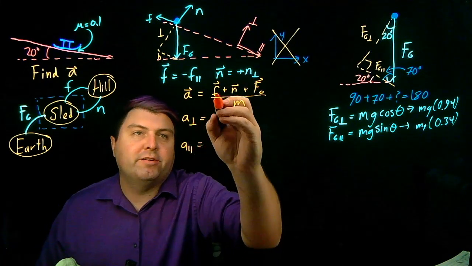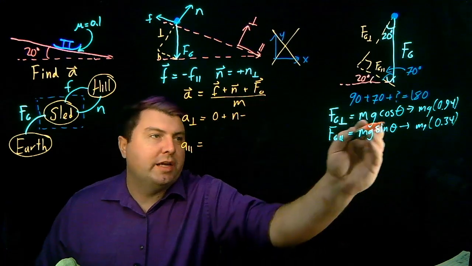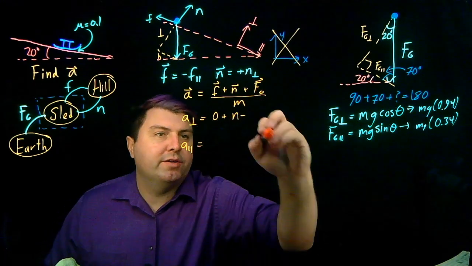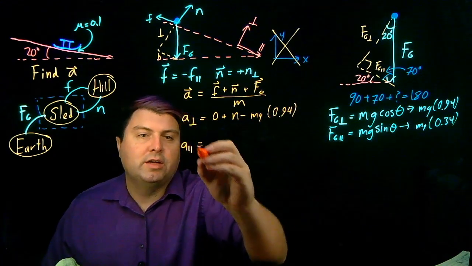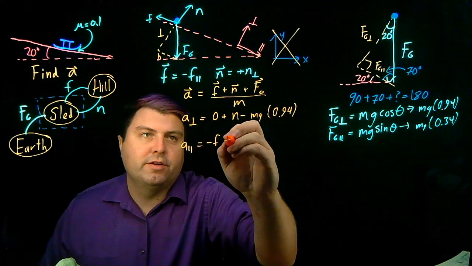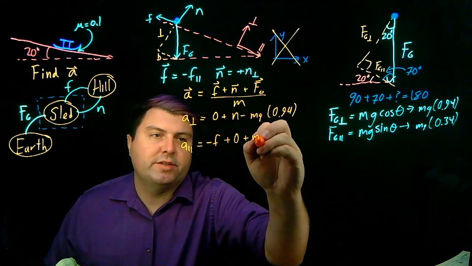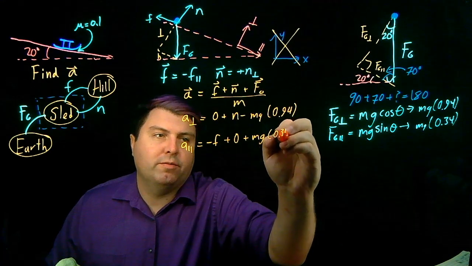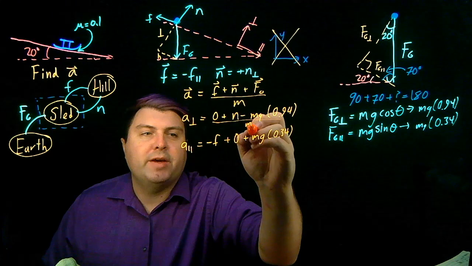In the perpendicular direction, friction is 0, normal is normal, and we got F_G perpendicular, so we have mg times 0.94. In the parallel direction, friction is negative friction, normal is 0, and mg is positive, mg times 0.34. And we divide both of these by the mass.